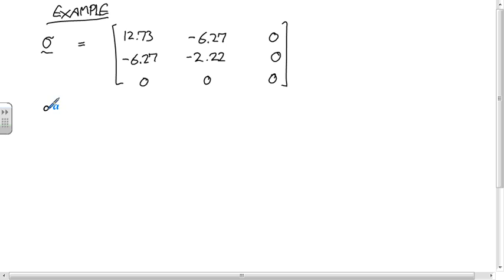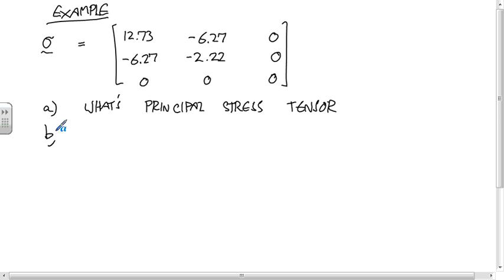So we want to figure out first what's the principal stress tensor. And then we want to figure out what's the absolute value of the maximum shear stress.